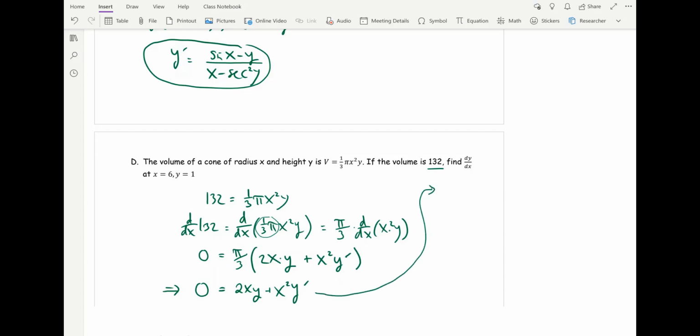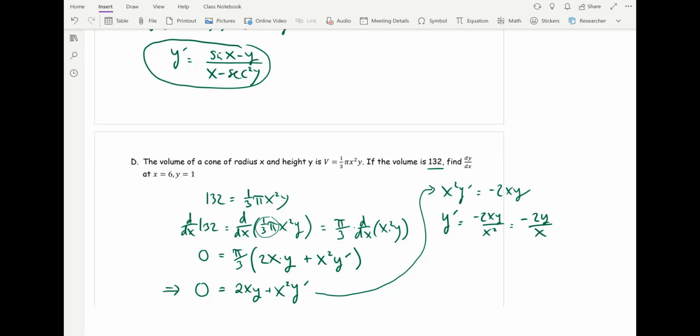I'm going to write x squared y prime equals negative 2xy, and then divide both sides by x squared to get y prime alone. Negative 2xy over x squared, which is negative 2y over x. All right, there's my derivative, y prime.